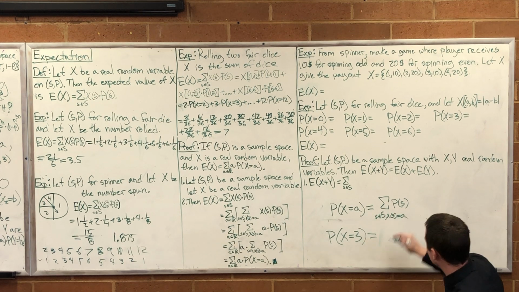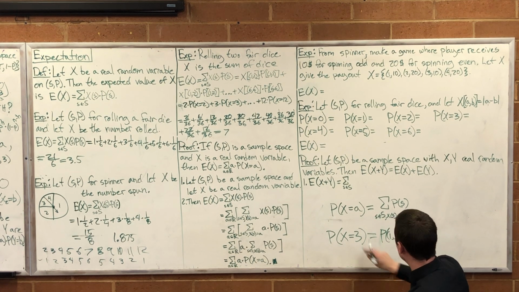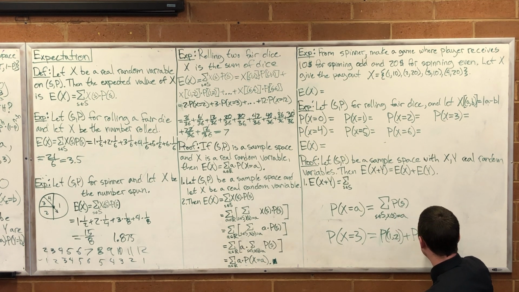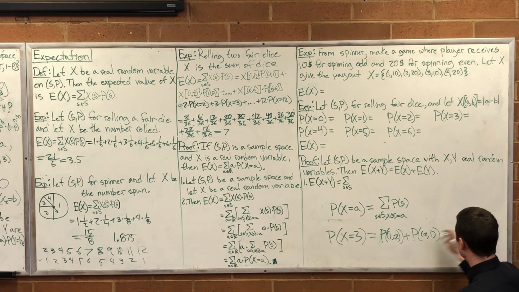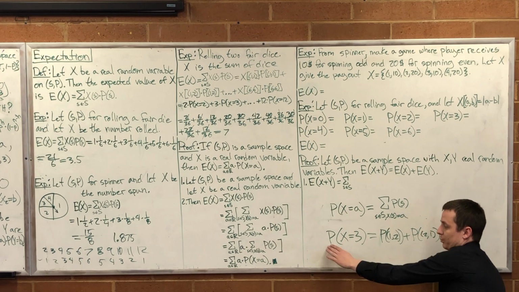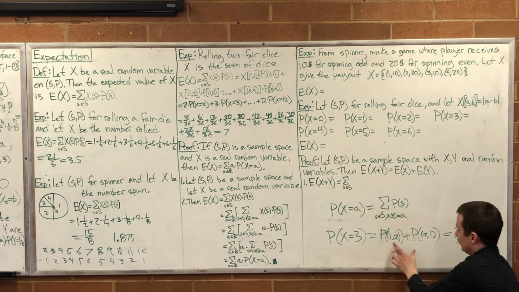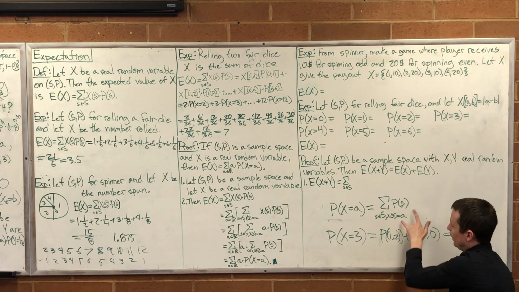That's the probability of (1, 2) plus the probability of (2, 1), which in this case would be 2/36. So when X is the sum of the dice, the probability that X is 3 is the sum of the probabilities of all the outcomes that gave me a 3. That's exactly what this is saying.